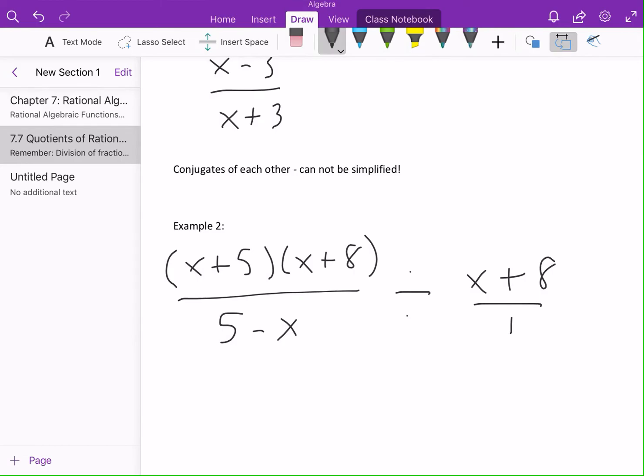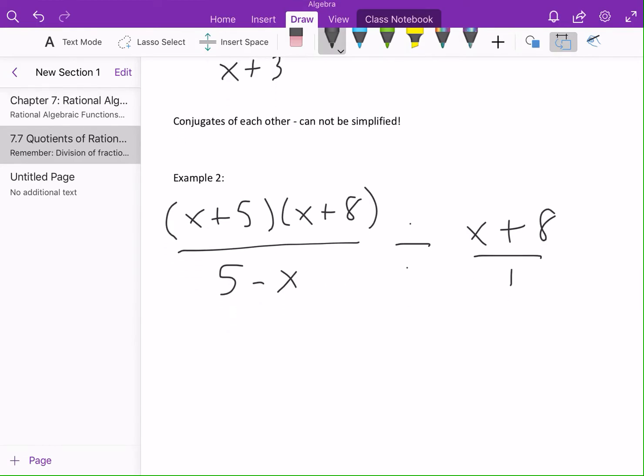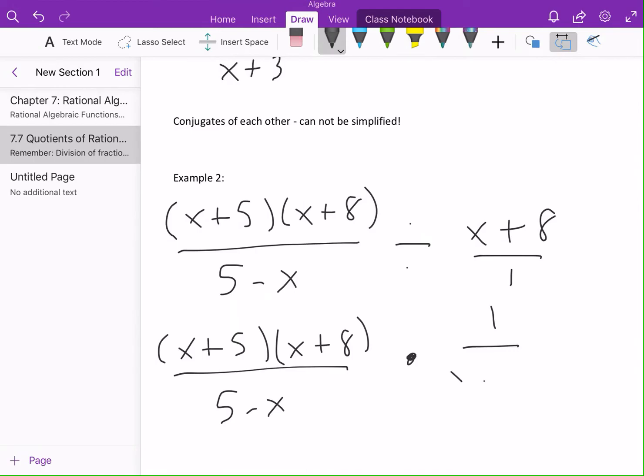Our first rule in these types of problems is to flip our second value. So I'm going to rewrite x plus 5 times x plus 8 all over 5 minus x. Over here, we're going to follow our fraction rule, and this becomes 1 over x plus 8.